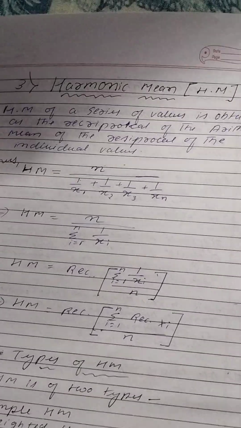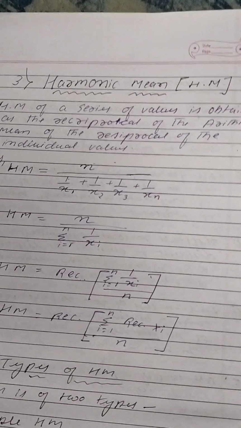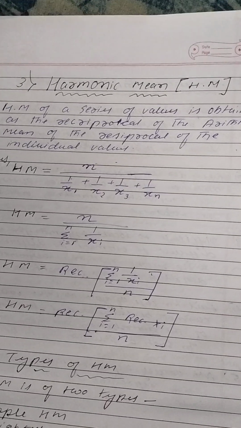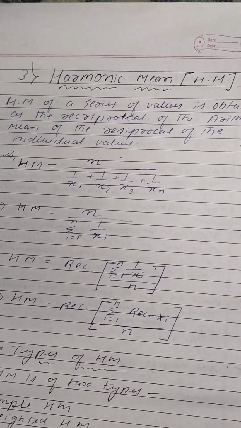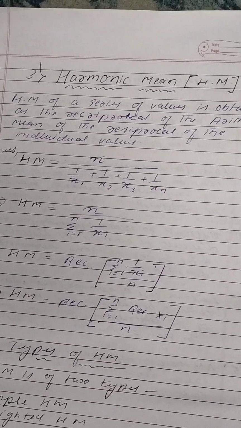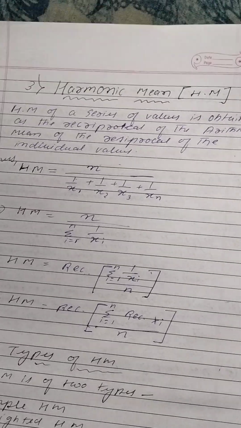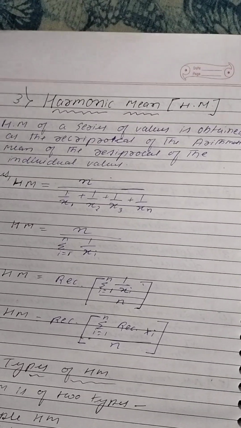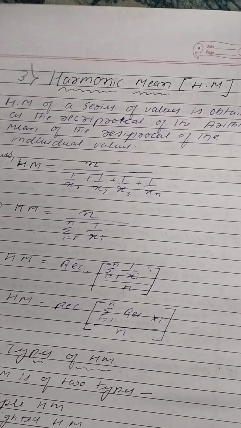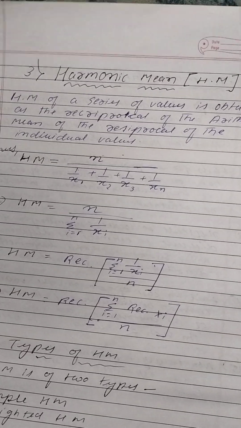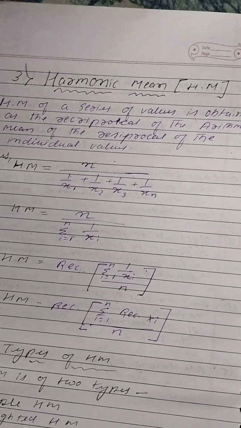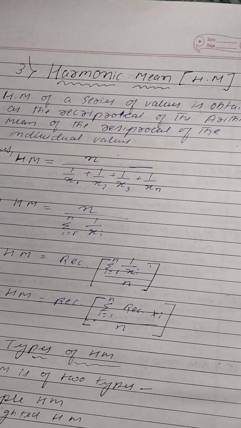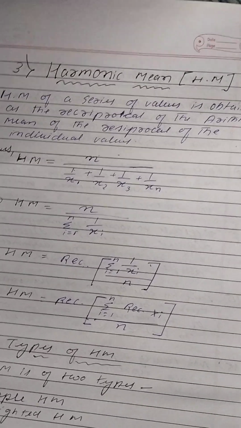First we will reciprocate the whole mean formula. The n which is written in the denominator is now written in the numerator, and the x1, x2, x3 are written in the denominator as reciprocals.